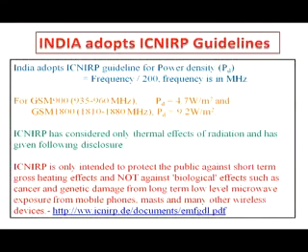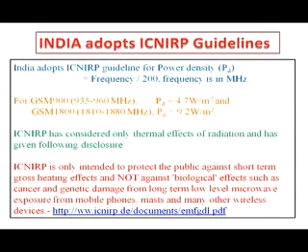ICNIRP is only intended to protect the public against short-term gross heating effect, and not against biological effects such as cancer and genetic damage from long-term low-level microwave exposure. You can see this document also. It is mentioned for short-term exposure, yet we have adopted it for 24 hours exposure.